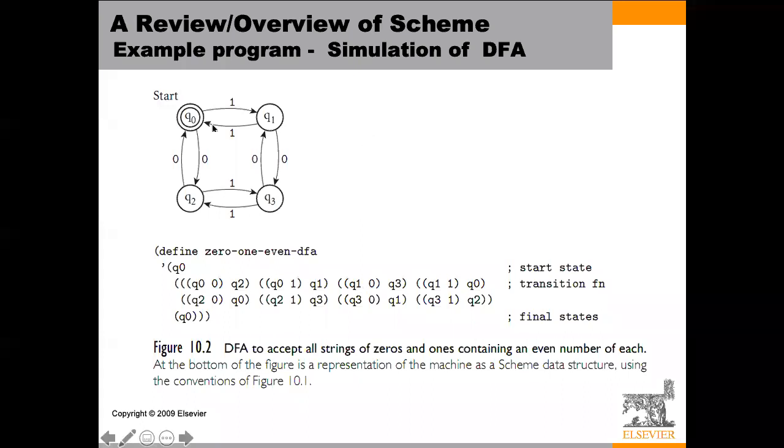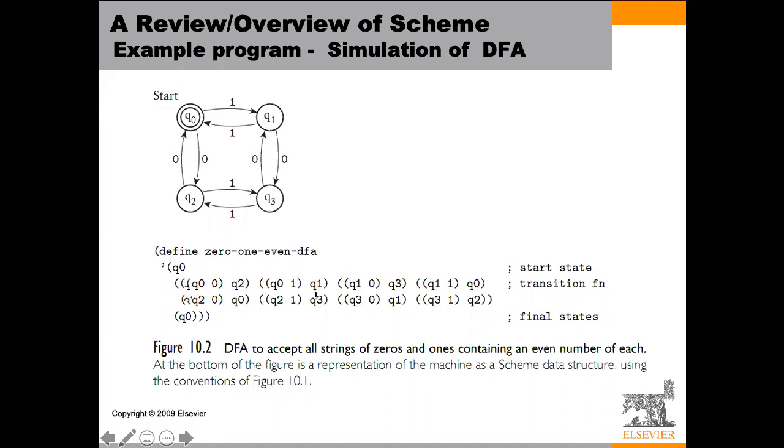So what we're going to do is define a finite automata to be 3 elements: a start state, Q0, then a transition function, which gives the current state, an input element, and the state that gets transitioned to.